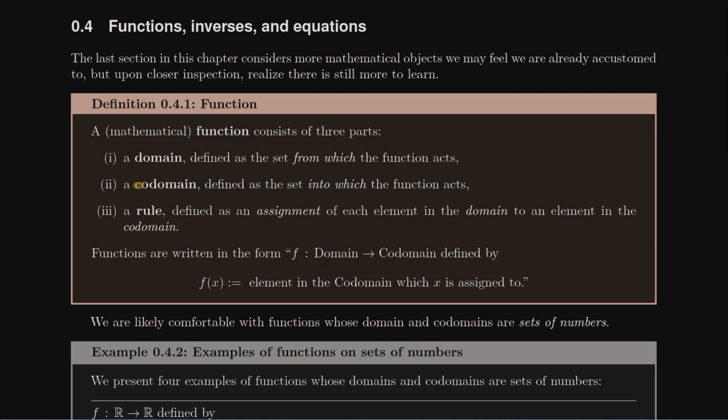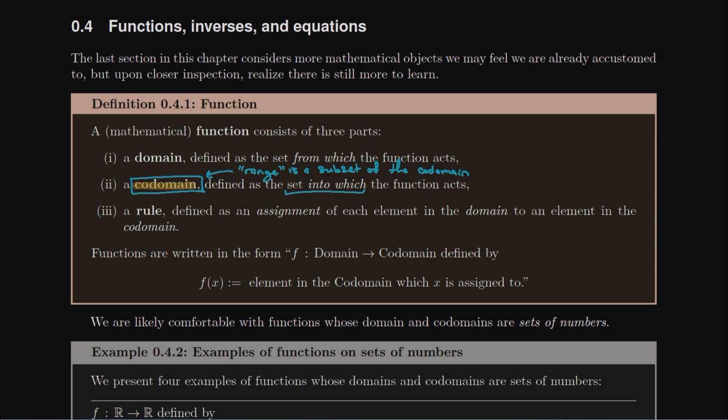And then there's this other word, codomain, which you probably haven't heard before, and instead you heard the word range. But in fact, the range is a subset of the codomain. Sometimes it can be the entire codomain, but the codomain is just some other place that the function is going to send numbers inside of.